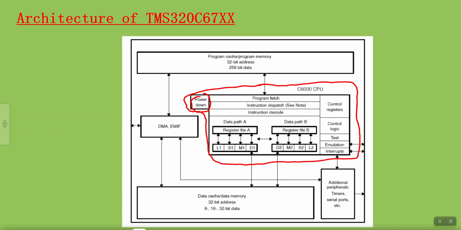So when some power saving mode is active, this power down module gets activated, and the CPU controls all the processing. The processing is done in a sequential order, that is program fetch, instruction dispatch, and instruction decode.